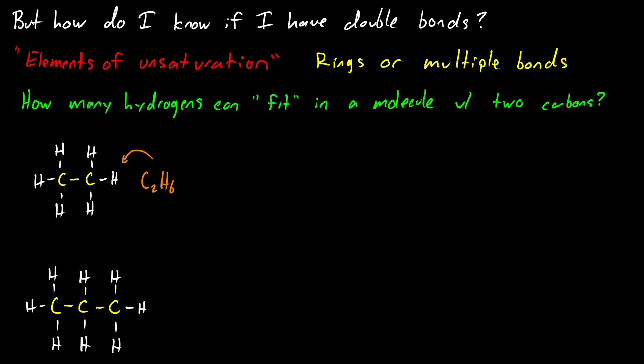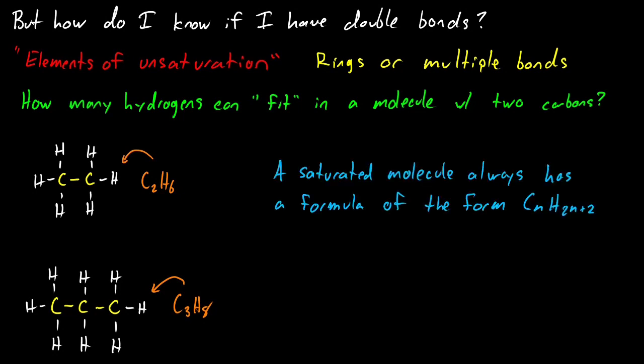If I have three carbons, how many could I fit? Well, I have the structure here for propane, which has three carbons in it, and we can see that it fits eight hydrogens. Now, we could keep going like this and draw four carbons and five carbons and six carbons, and we would soon see that a pattern would develop: if I have maxed out the number of hydrogen atoms that I can fit in a molecule, it will always have a molecular formula of the form CnH2n+2.